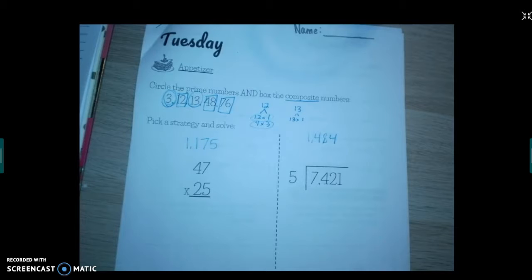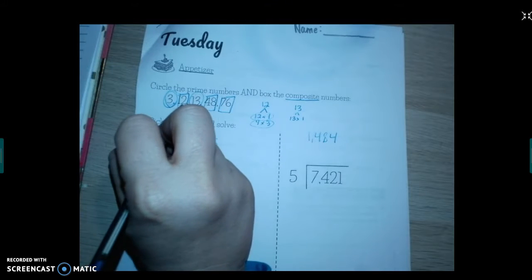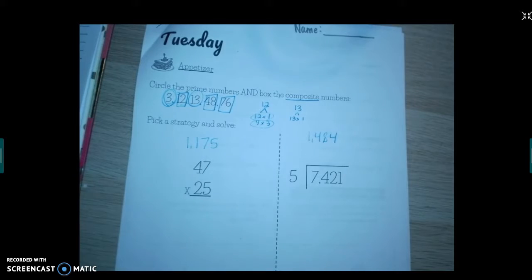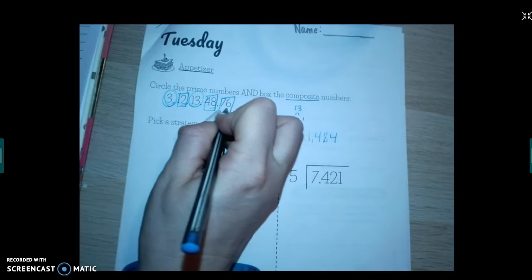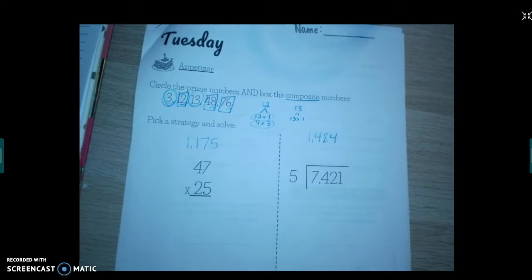I can look quickly at these and tell that they're composite because they're even. The only even number that is prime is number 2. So you can go ahead and look at the last digit of each number, and if it's even, then it is composite.